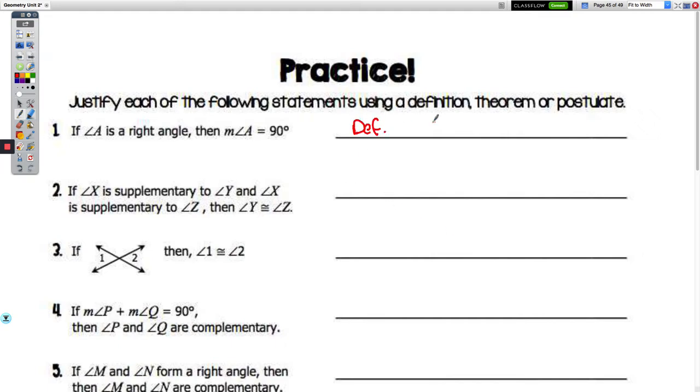Number 2: If angle X is supplementary to angle Y, and angle X is supplementary to angle Z, then angle Y is congruent to angle Z. What tells us this? The congruent supplements theorem.